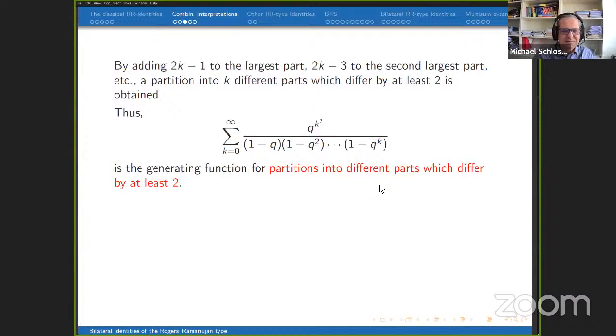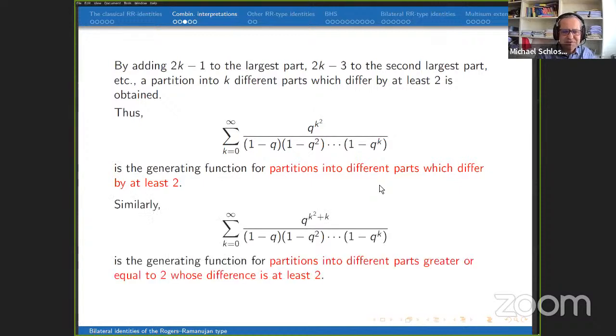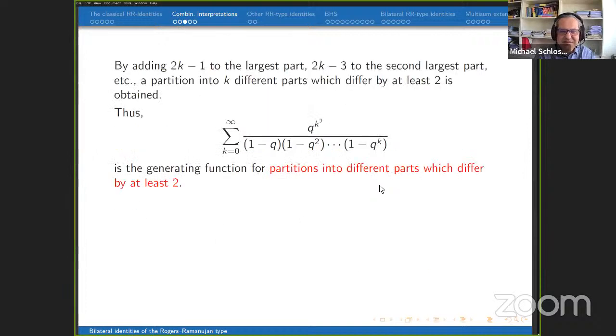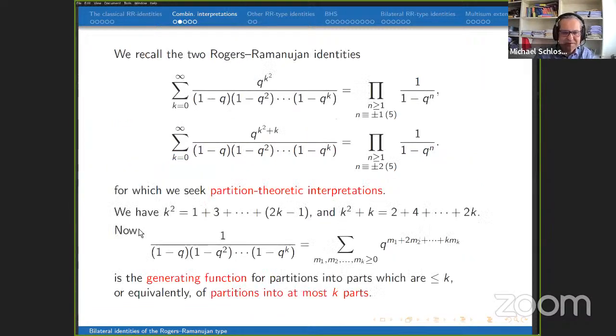And maybe I should be a little bit quicker here. So there's a way to add the odd parts to these parts so that the parts become distinct and differ by at least 2. Because these have the property that the parts differ by 2.